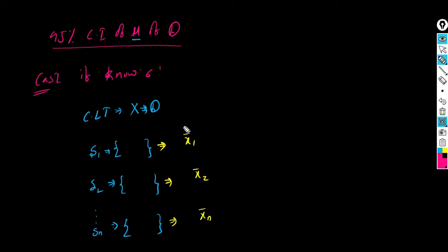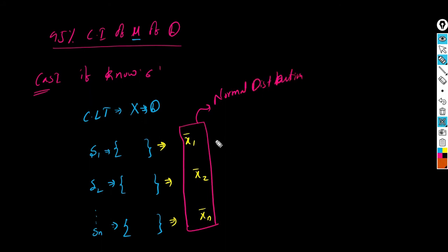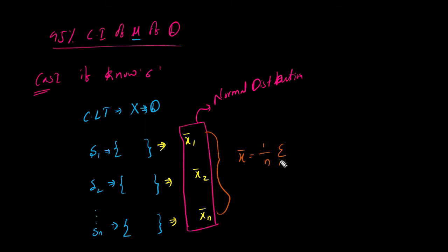These mean values are in a normal distribution, which we already know. The mean that we get by taking the mean of these values is x bar equals 1 by n, sigma i equals 1 to n, xi bar.